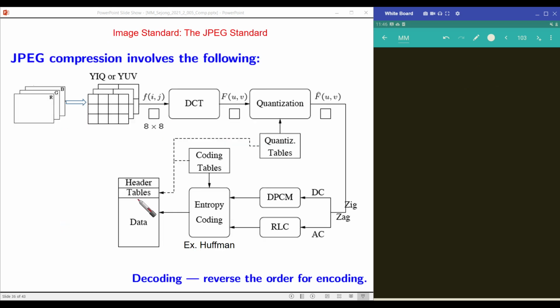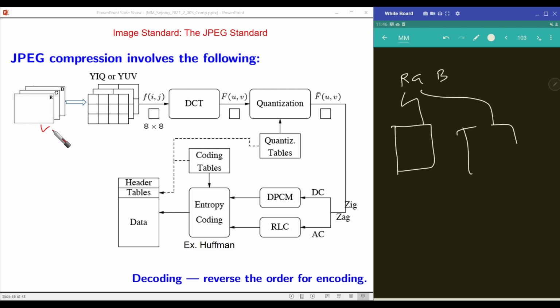So how do we do so? Let's say we have an RGB model, or we can convert RGB to YUV or YIQ. If we have RGB, we first process the R plane, then the G plane, and then the B plane.